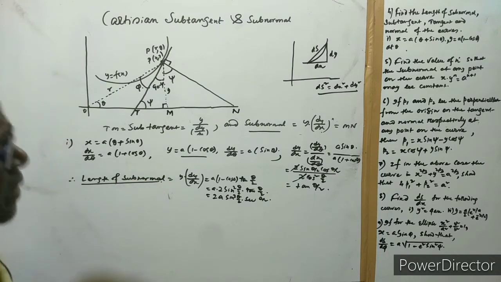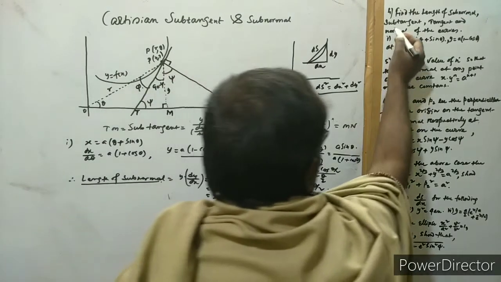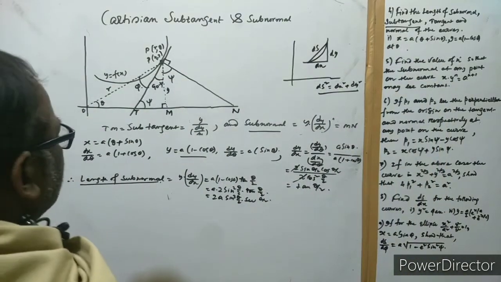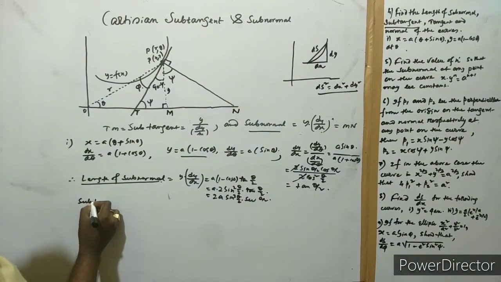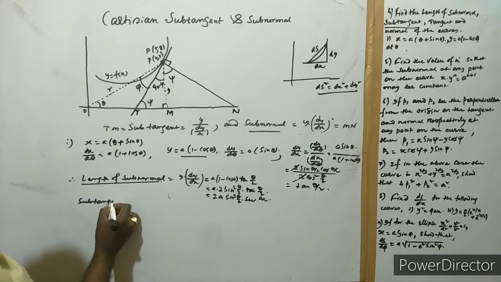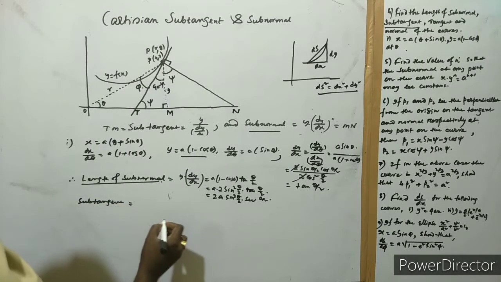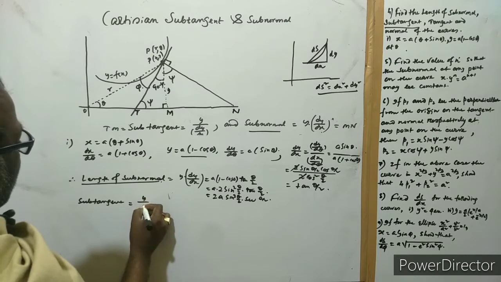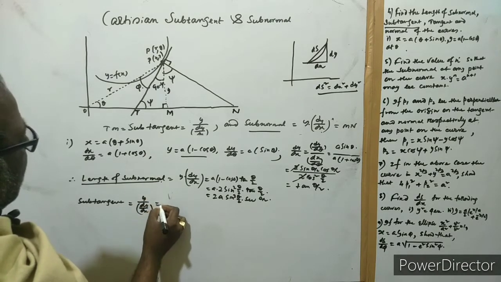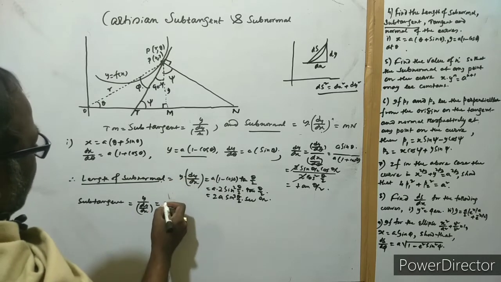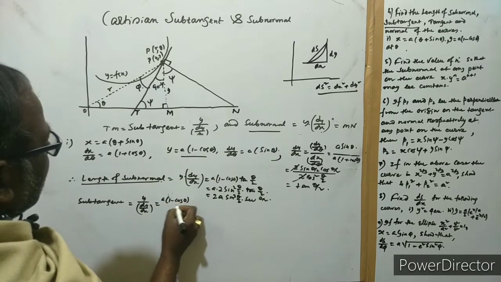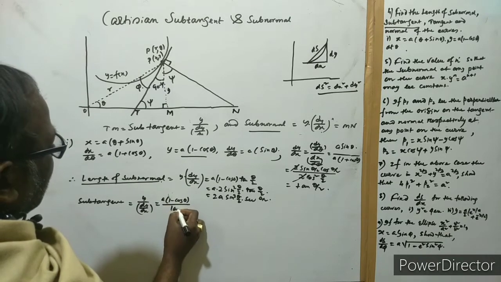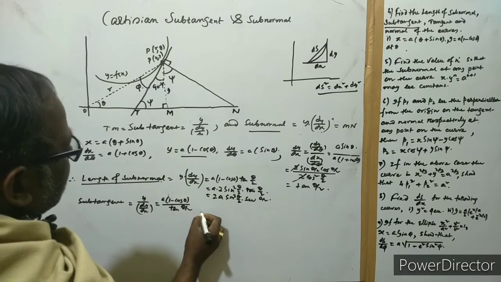And the subtangent is equal to y by dy by dx, and y means here a into 1 minus cos theta by tan theta by 2.